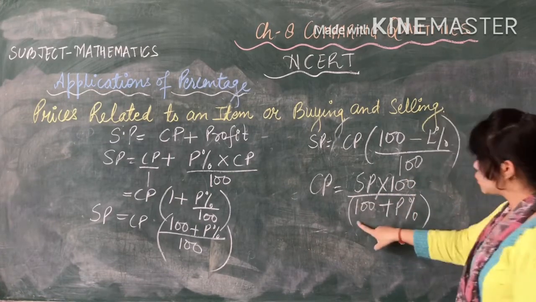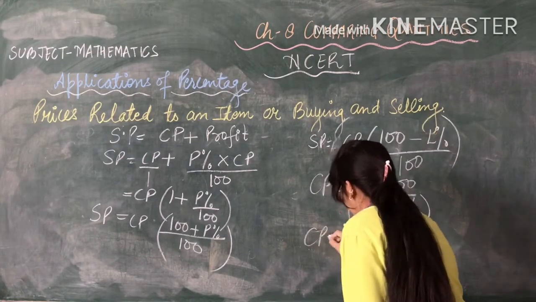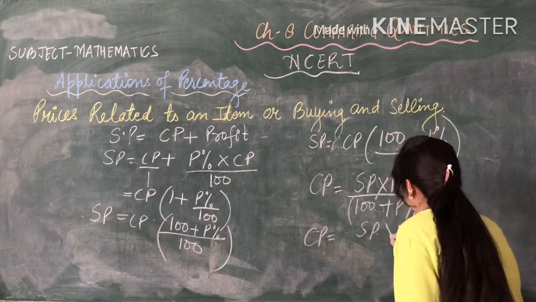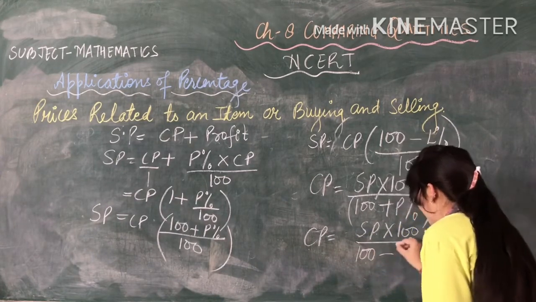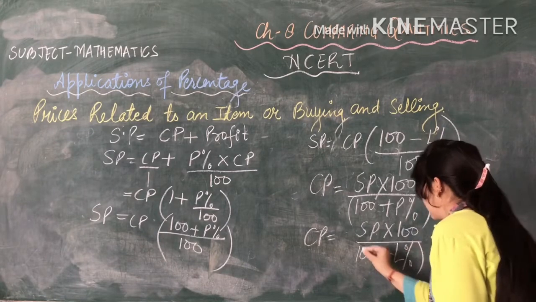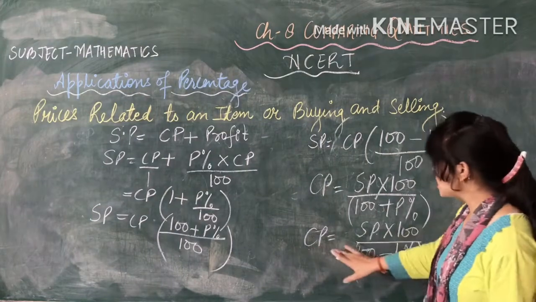Remember, always solve this bracket first. Now if, in place of profit, loss is given to you, it will be 100 minus loss percent. This will be the formula to calculate the cost price.